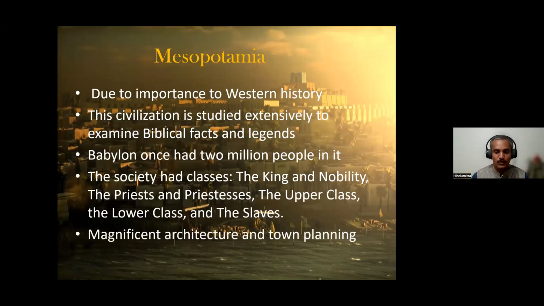And what we find is that in Mesopotamia, there's a city called Ur, which is famous for its giant buildings, showing they had magnificent architecture and town planning.